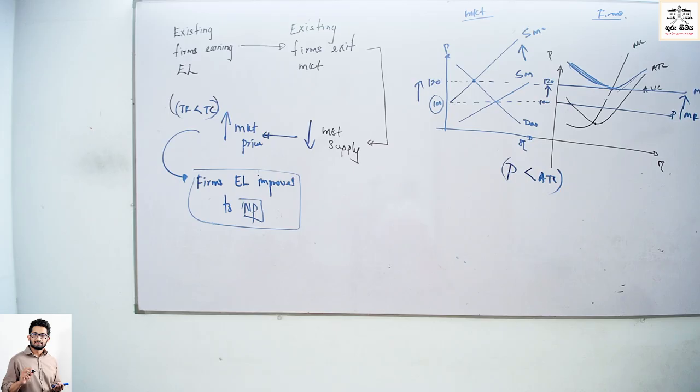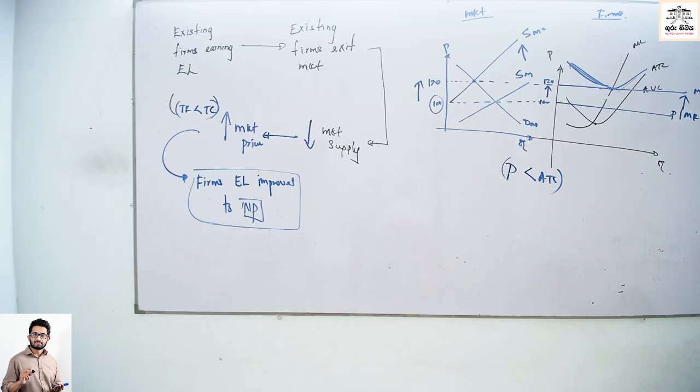This second situation is called outflow of existing firms, outflow of firms. The first one is inflow of firms. Remember that when existing firms earn economic losses in the short run, more firms will leave the market.